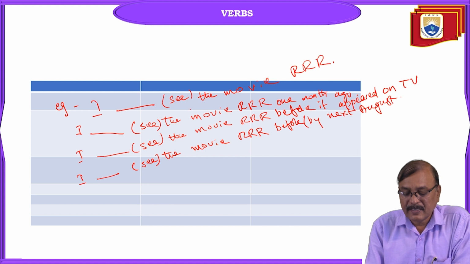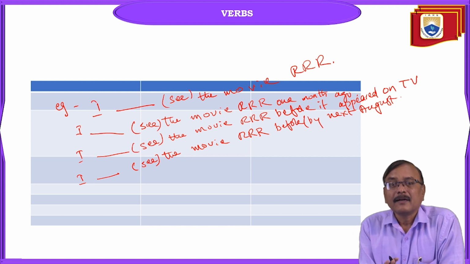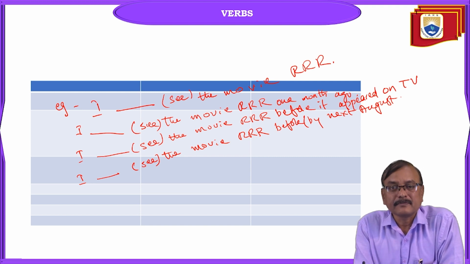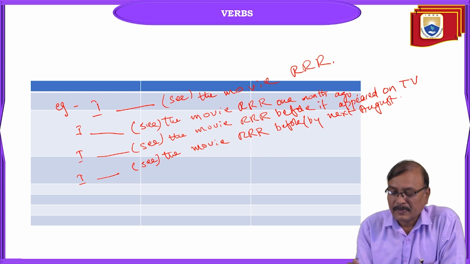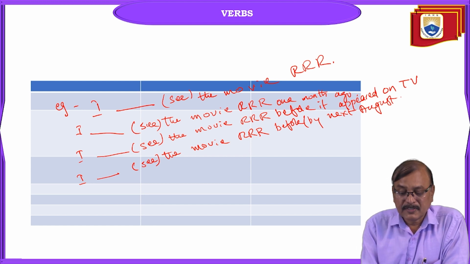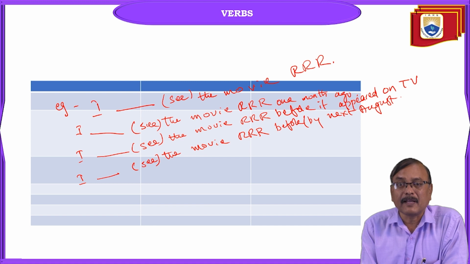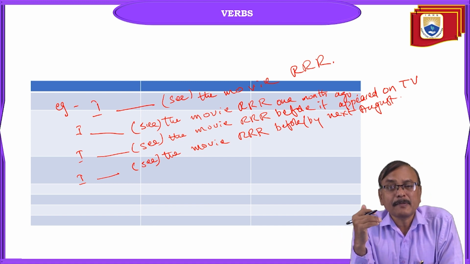For the first one, what is it? I dash see the movie Triple R. Generally some people think, I will see the movie Triple R. But don't say like that, because it is not a future action. Why is it not a future action? Future time is not mentioned. So I will see the movie Triple R is wrong. You say I will see only when you think it is a future action going to take place in future.